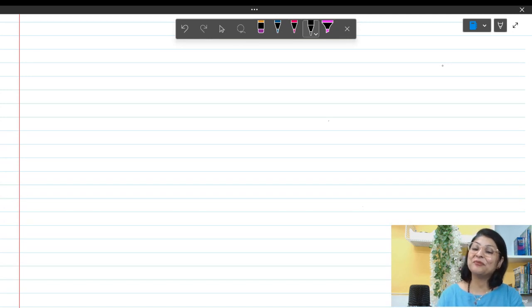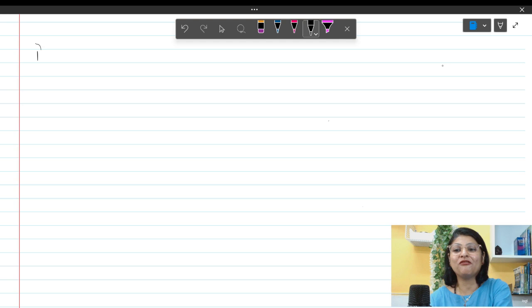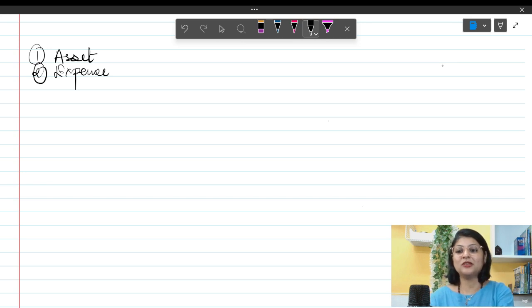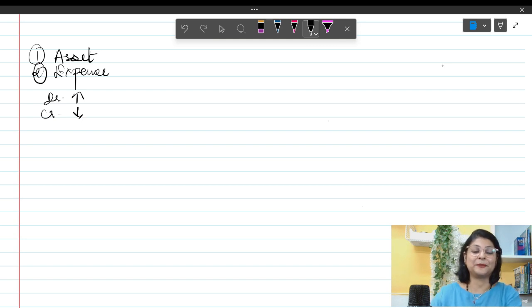As per the modern approach, we had seen there are 5 types of accounts. Account number 1 was our asset account, and account number 2 was our expense account. These were in the first group, where the rule was debit the increase and credit the decrease. Means if any expense is increasing, we'll debit it. If any asset is being bought, it will be debited.